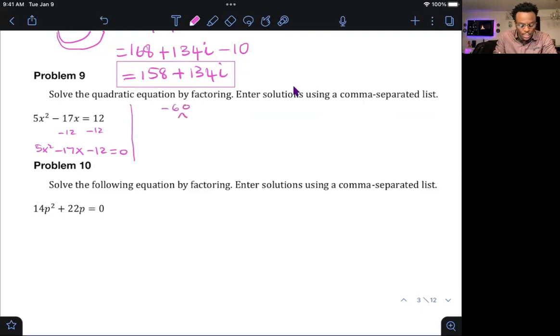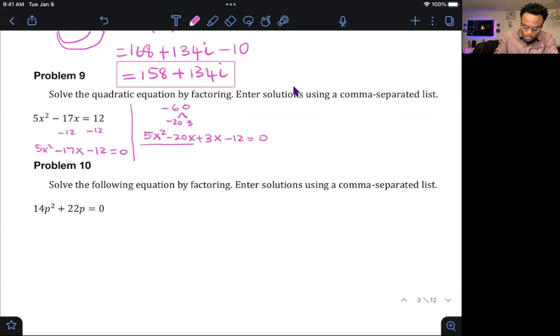Two factors of negative 60 that add up to negative 17 are negative 20 and positive 3. So we rewrite this expression as a 4-term expression so we can factor by grouping. That's 5x squared minus 20x plus 3x minus 12 equals 0.